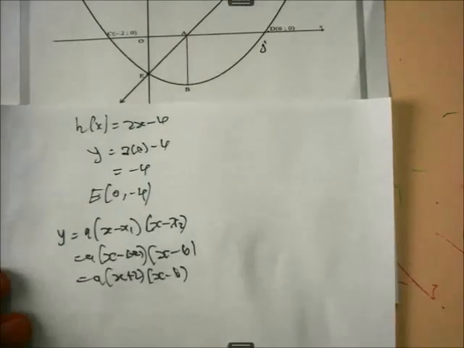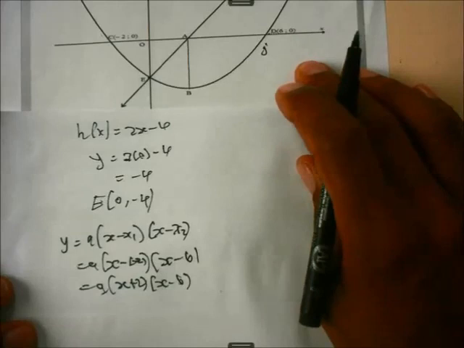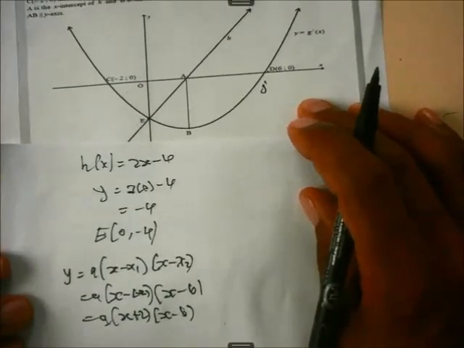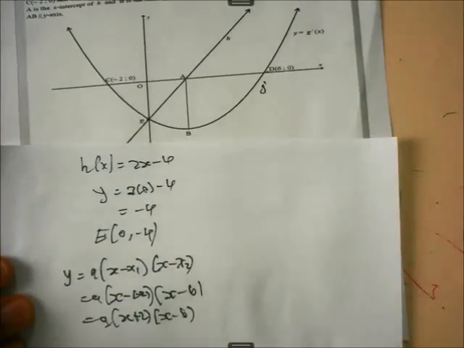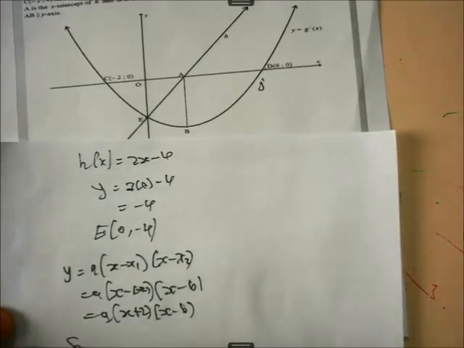We are happy now with the information that we have, but now the challenge is the value of a. Remember, most of the time, if not always, a point must be given on that graph so that you are able to determine the value of a.